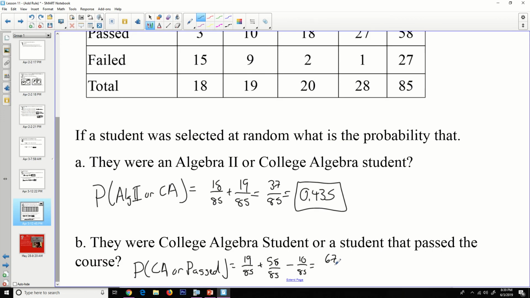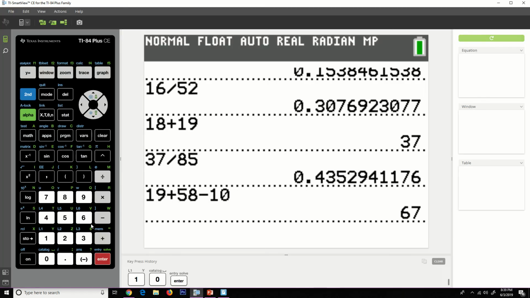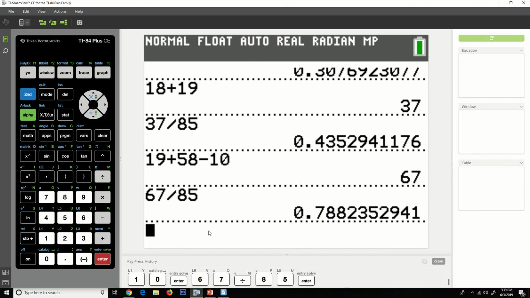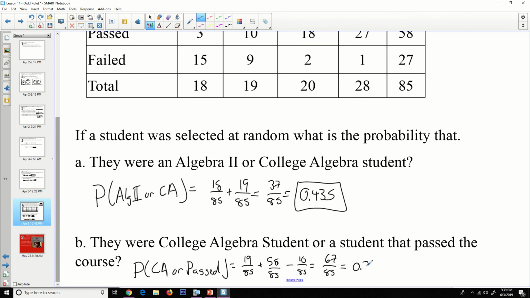So 67 out of 85, which is 67 divided by 85, is 0.778.